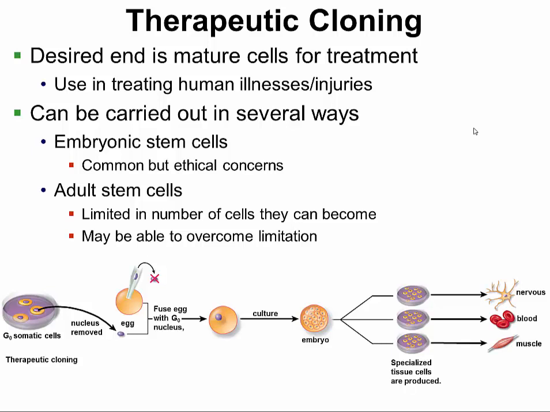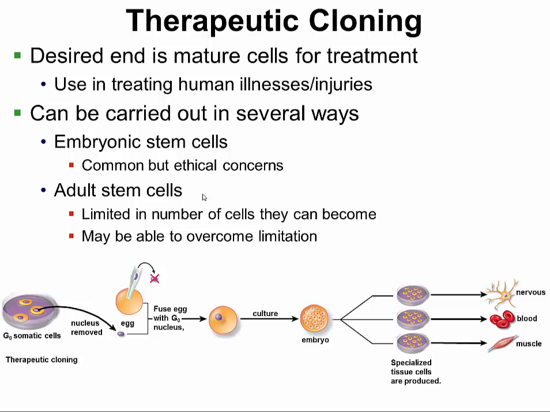Now, one thing we want to point out is that we have another type of stem cell, which is not directly related to cloning, but is talked about by your book. The other type of stem cell is referred to as an adult stem cell. A good example would be your bone marrow. The cells in your bone marrow divide throughout the course of your life, creating additional blood cells.